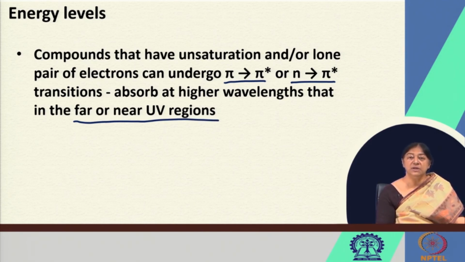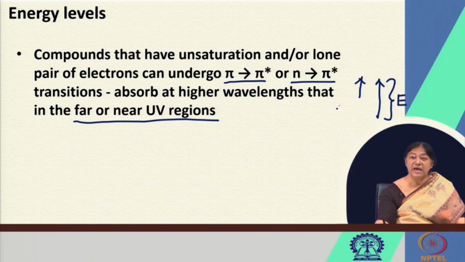So, what does this mean? This means that for the transition we are looking at, from pi to pi star or from n to pi star, this is a particular energy value and we have the lambda value.